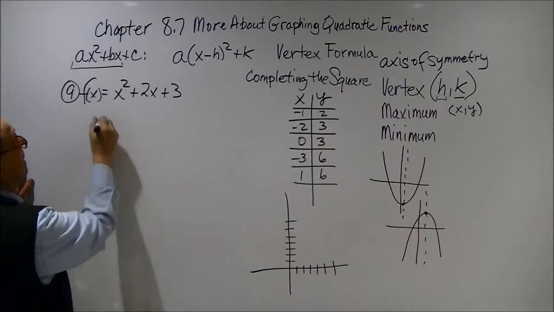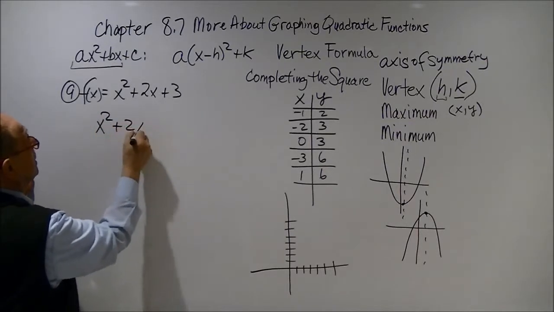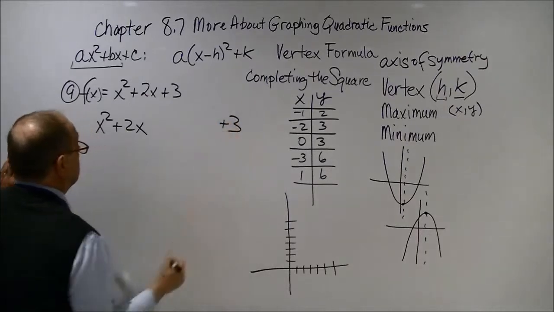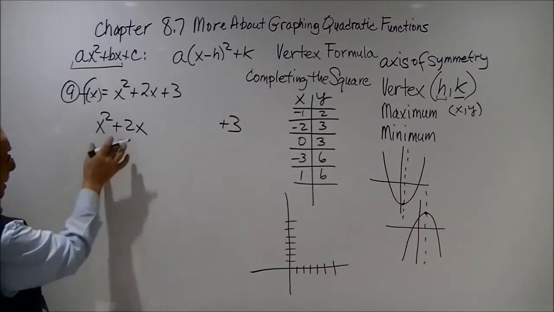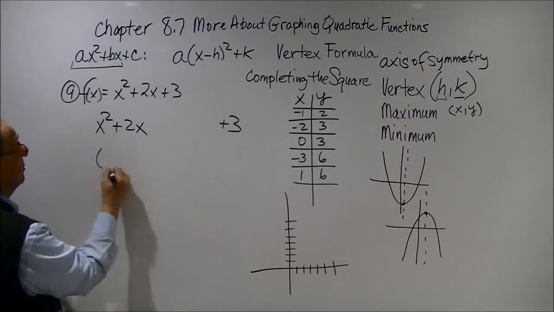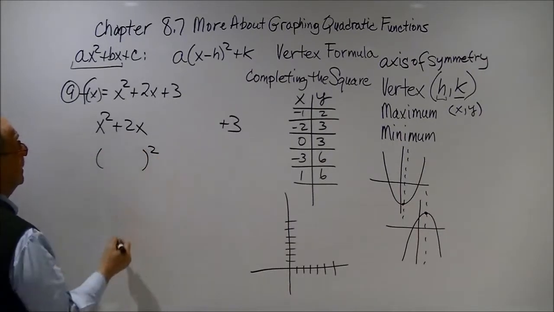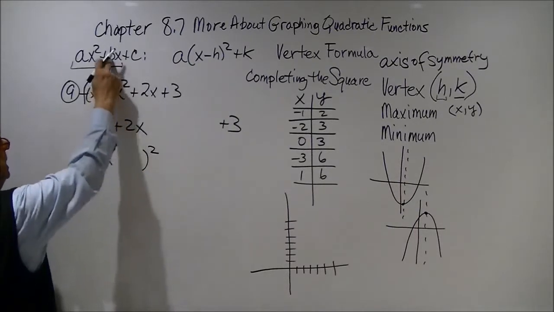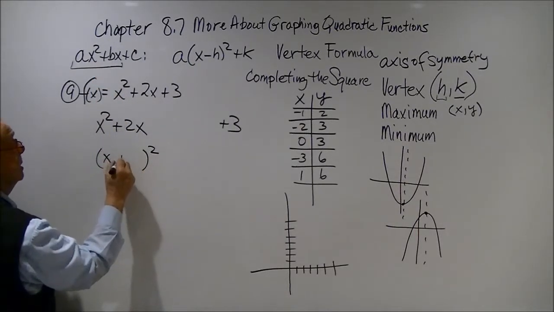Write it again. Move the 3 off to the side. Here we're okay, we don't have to factor anything out. We're going to put our parentheses. X goes there. Half of b is 1.